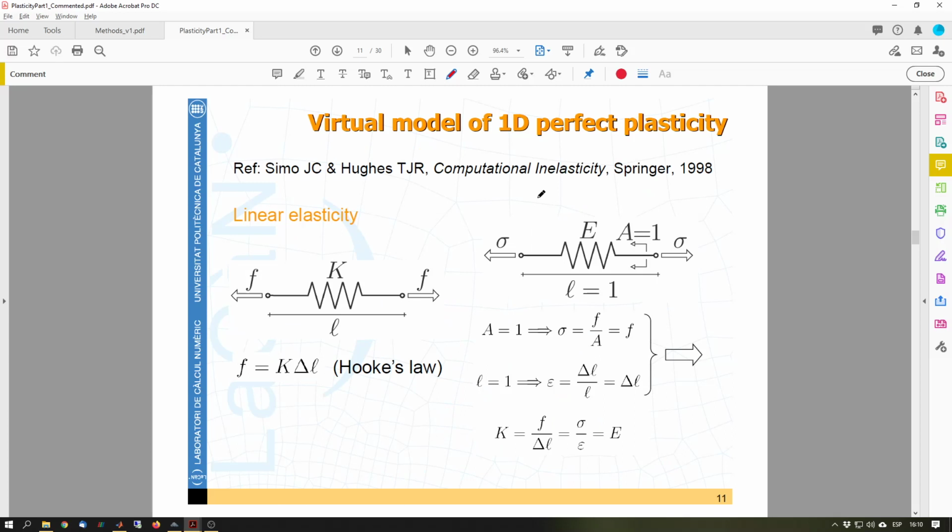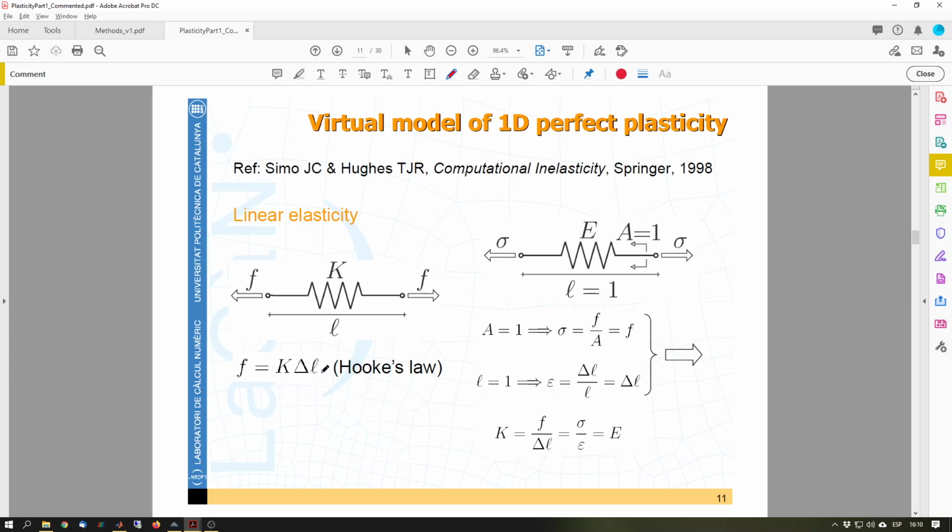So let's go into our initial problem. This is a reference where this is taken from, and you can have a look for more detail. It's a 1D problem that is very similar to what we want to model. So instead of a continuum, we look at a spring with a stiffness K. Hooke's law tells us that the force is proportional to the increment of length of that spring, and that would be elasticity.